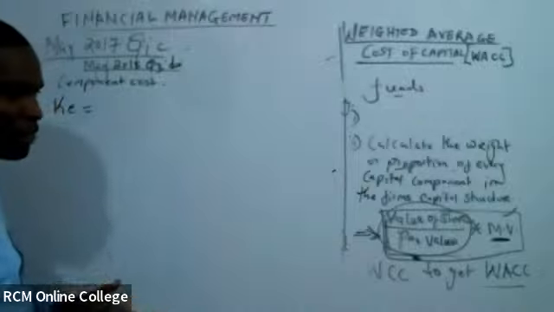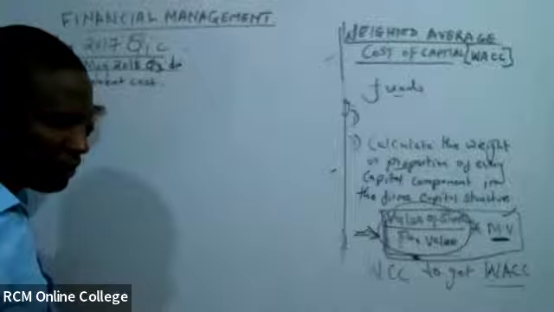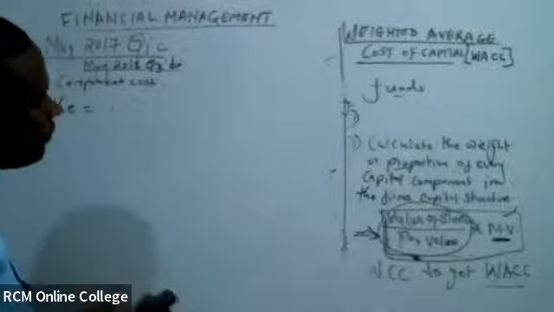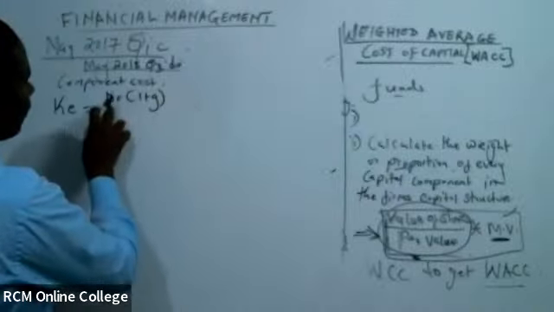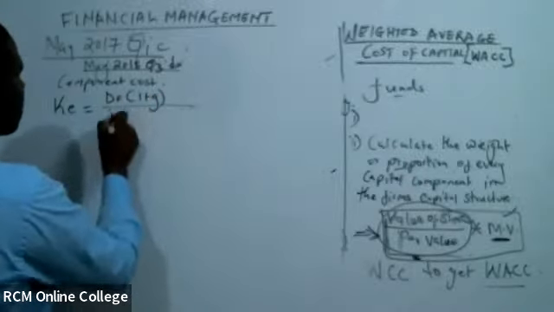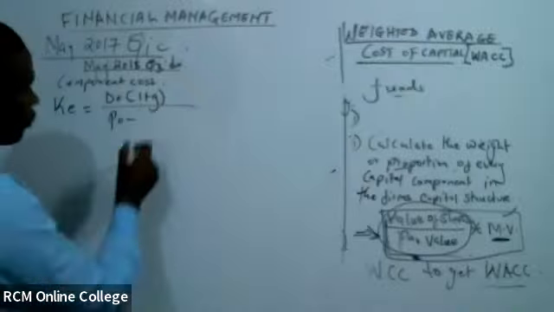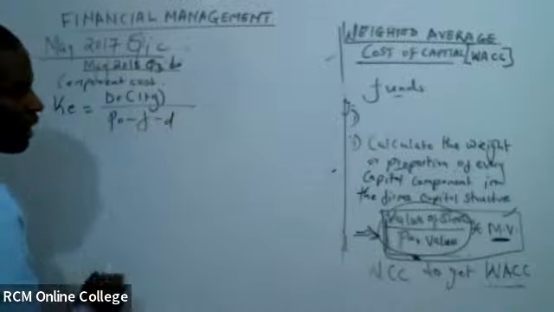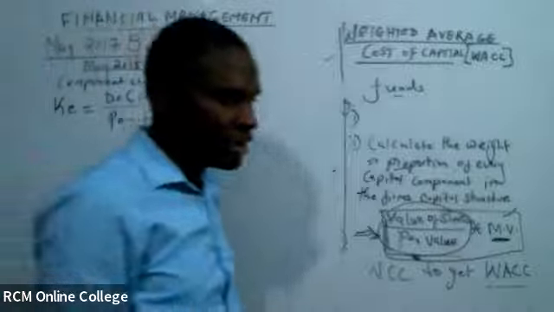KE equals D0(1 plus G) over P0 minus F, where F is the flotation cost, minus D, plus G. D0 is the current dividend, 1 plus G, G is for growth, divided by P0, the market price of the share, minus flotation cost, F stands for flotation cost, minus D. D is for discount if given, plus G. Okay, that is the formula to get KE.